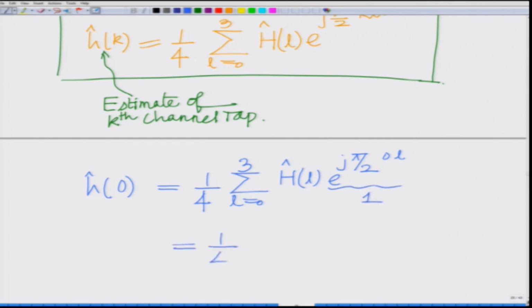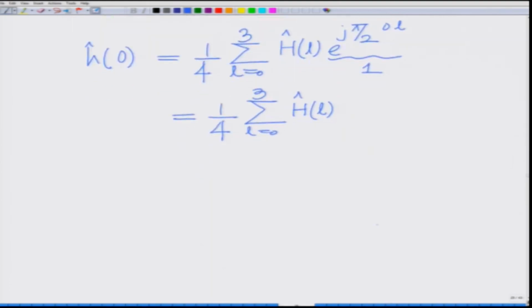This is basically 1 over 4 summation L equal to 0 to 3 h hat of L, well, this whole exponential is 1. So, it is simply 1 over 4 summation L equal to 0 to 3 h hat of L.